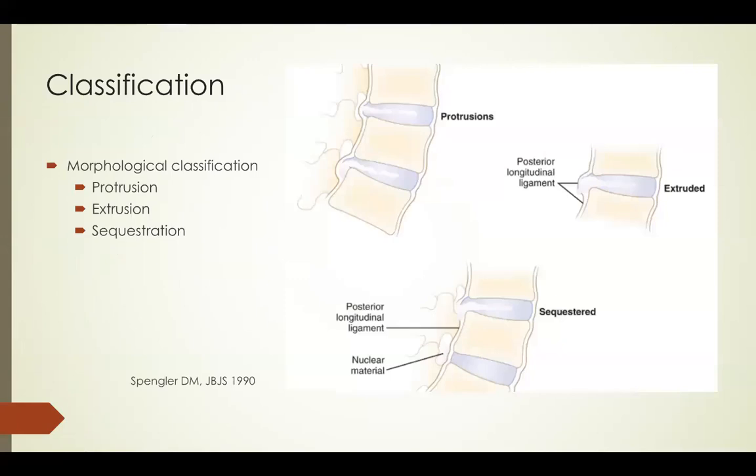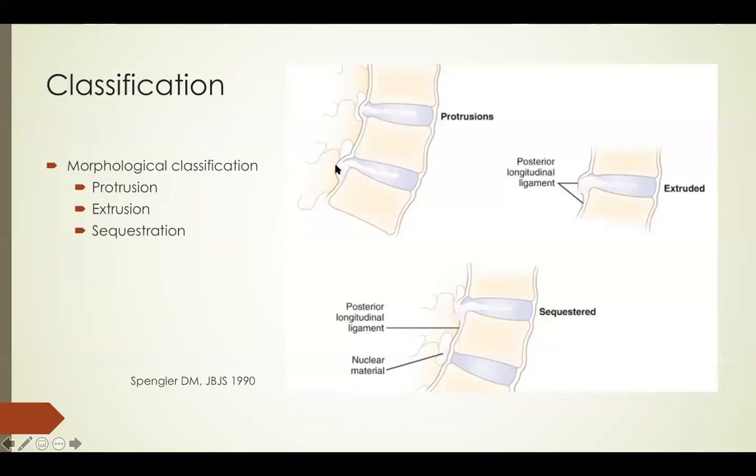All right. So there is a morphological classification, meaning what kind of disc herniation it is. Whenever you have a disc herniation, it causes a protrusion outside the disc, but it's still contained within the disc. It's just a disc bulge. That's called protrusion.